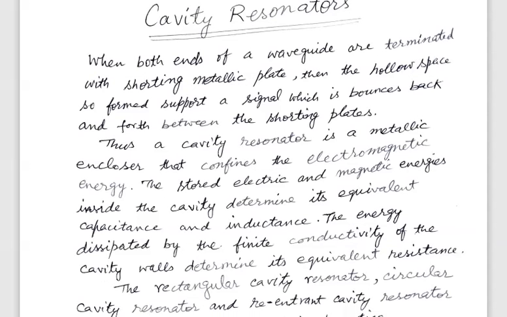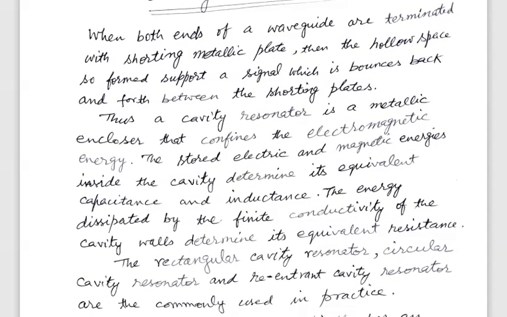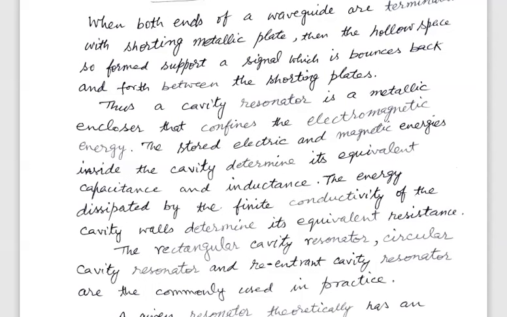The stored electric and magnetic energies inside the cavity determine its equivalent capacitance and inductance, and the energy dissipated by the finite conductivity of the cavity walls determines its equivalent resistance.